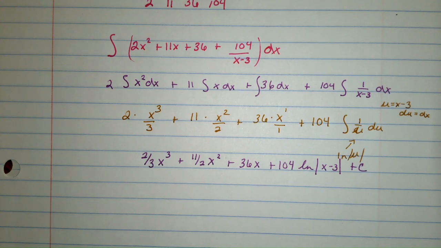As you move into the end of Calc 1, beginning of Calc 2, you're going to start seeing x's and y's mixed together. Sometimes you're going to be able to move all your y's to the left and all your x's to the right and be able to integrate. But we're just not there yet with these videos. That video will eventually come. If you need it sooner rather than later, just drop a comment and I will get onto that.